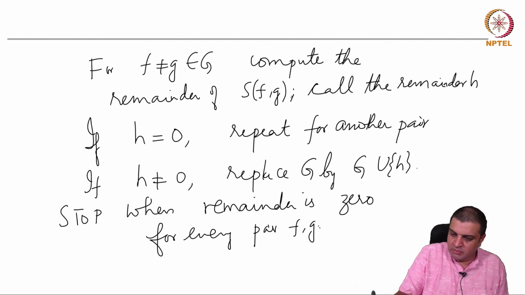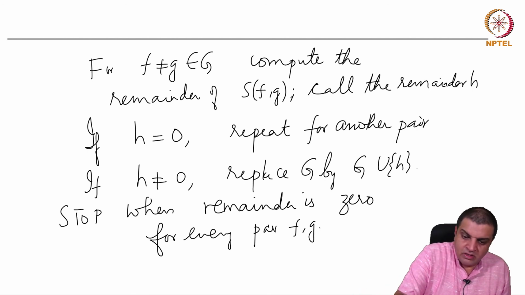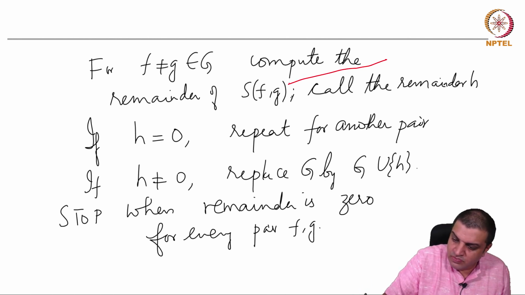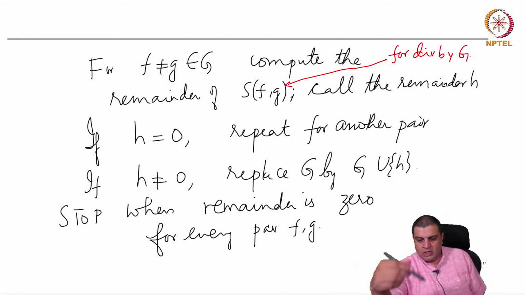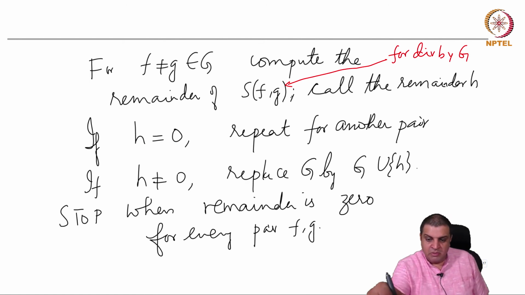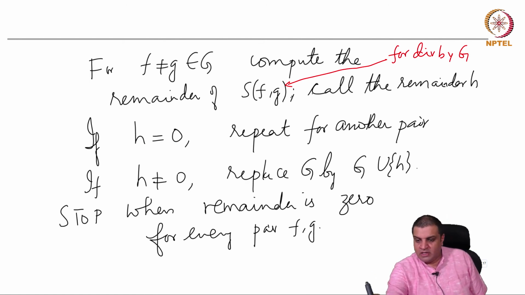Sorry, I should have said this here: compute the remainder of S(F, G) for division by G. So the remainder will have terms none of which is divisible by the leading term of an element inside the set G. If it is non-zero, then throw that also.